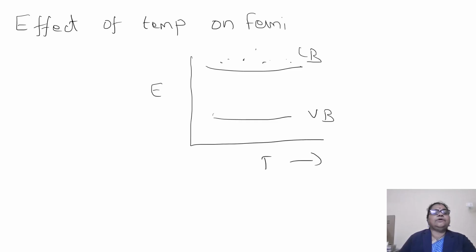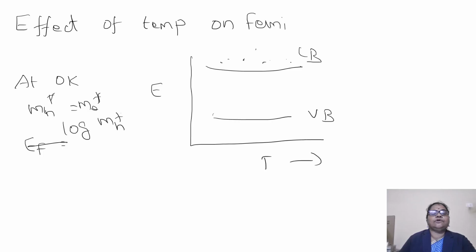At the temperature of 0 Kelvin, what happens when mh star is equal to me star? In the equation for EF, the second term has the log of mh star by me star. When you substitute, if both are equal, it is the log of 1, so we get the value 0.